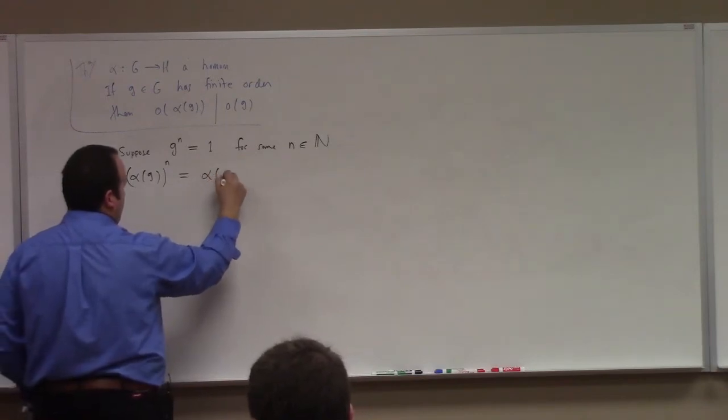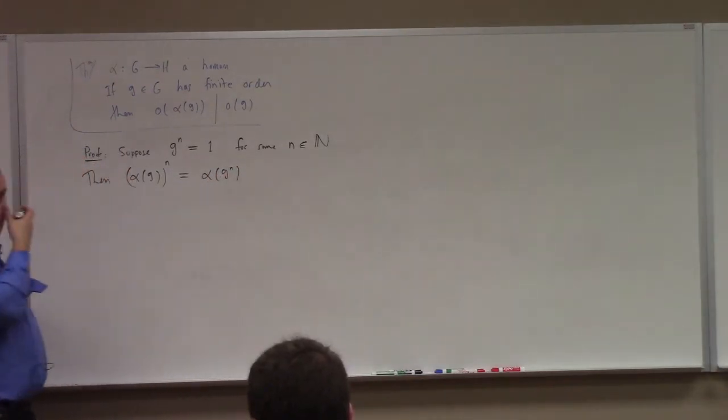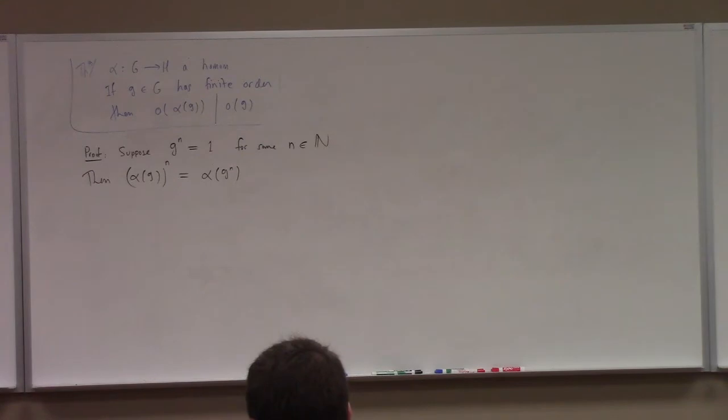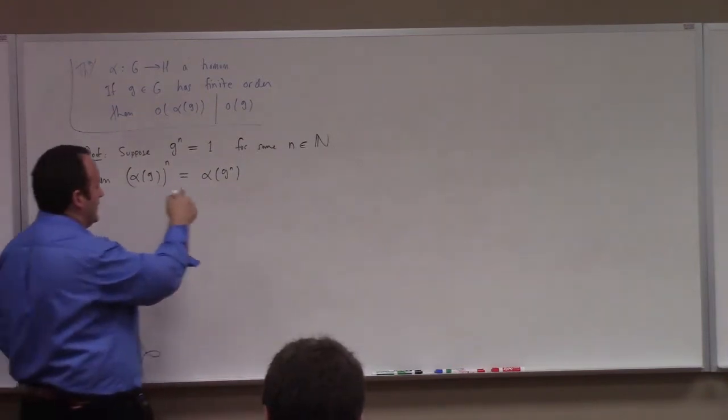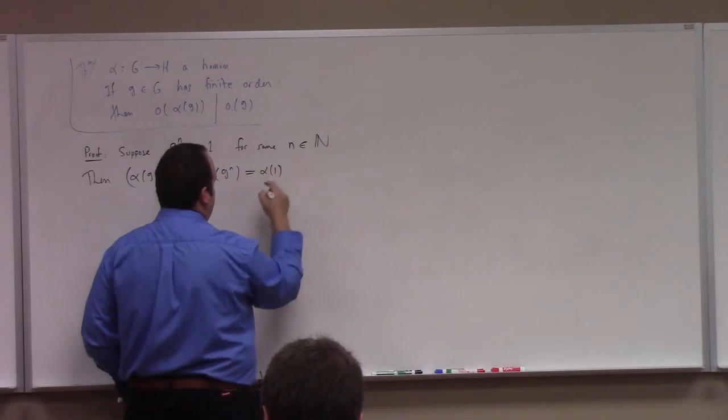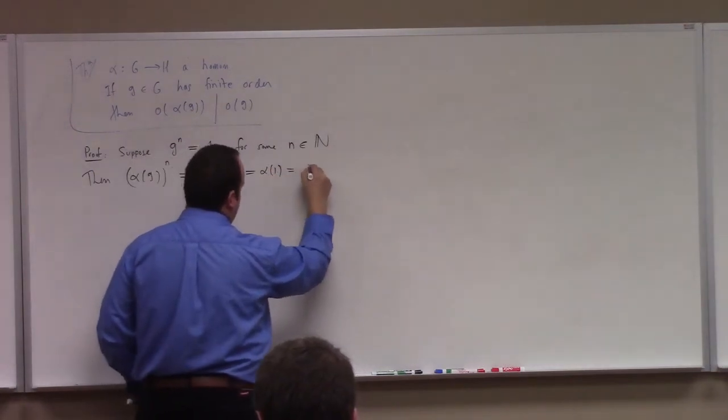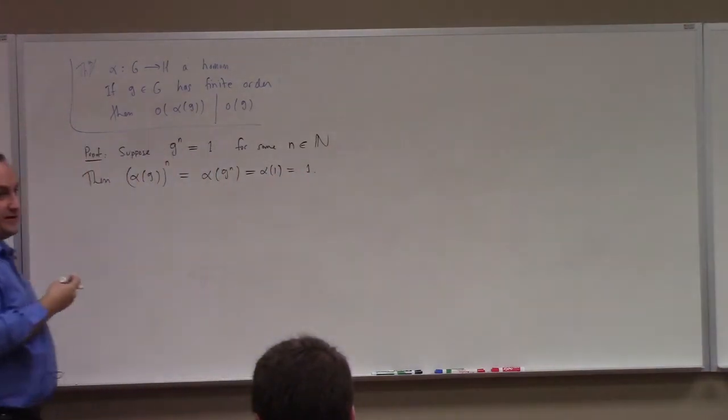You get alpha of G to the n by the laws of exponents property for, I mean, this we proved day 1 for homomorphism. That we could pass powers into and out of homomorphisms. And so, of course, this is alpha of 1, which we also proved maps to 1 for a homomorphism. Day 1, we did prove that already.